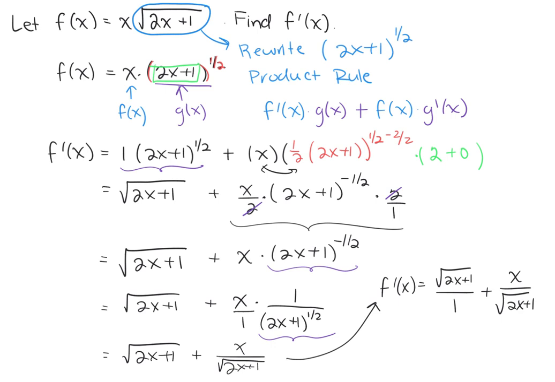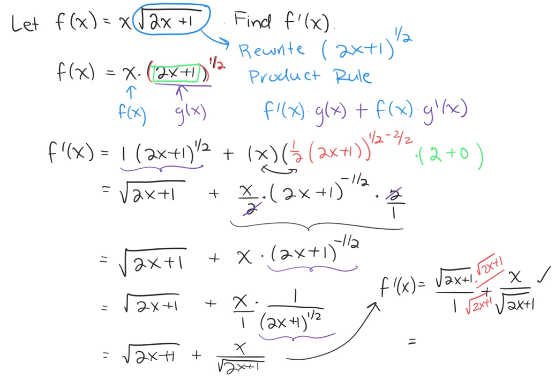And I'm okay if you leave your answer like this, but if we want to simplify this more, what we should do is multiply the numerator and the denominator of that first fraction. So I can multiply this by the square root of 2x plus 1 over the square root of 2x plus 1 so that I can combine this fraction. So now I'll have a common denominator.